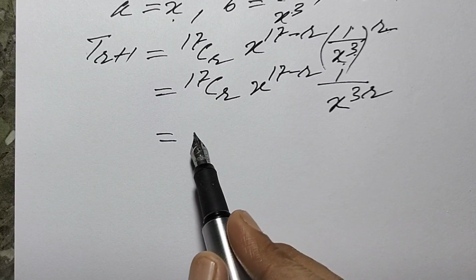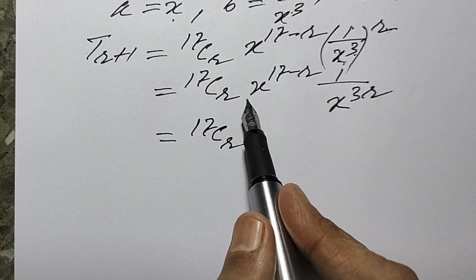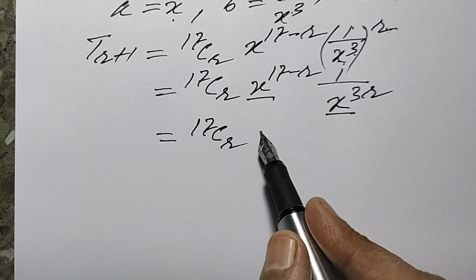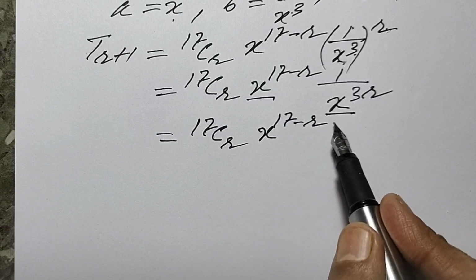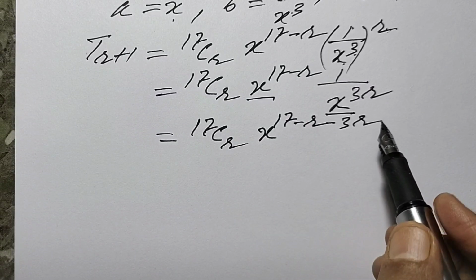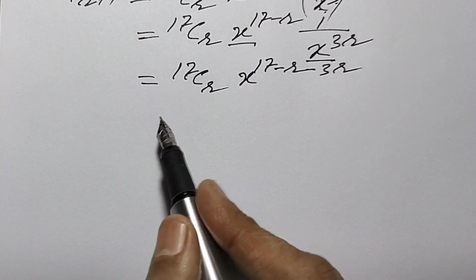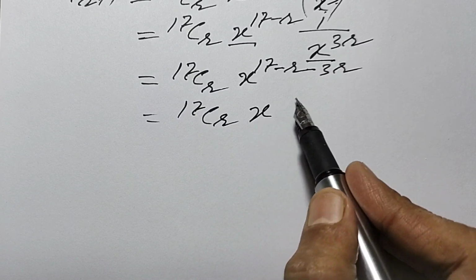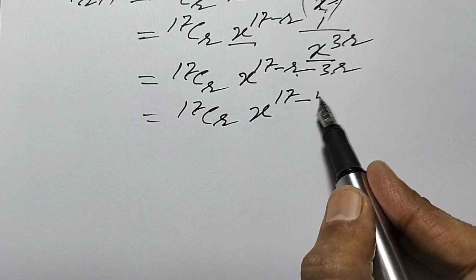So by theory of indices, this expression may be written as 17Cr, and because the bases are same, powers may be written as x raised to the power 17 minus r minus 3r. This 3r will be subtracted from the exponent of the numerator. So we have 17Cr x raised to the power 17 minus r minus 3r, which becomes minus 4r.